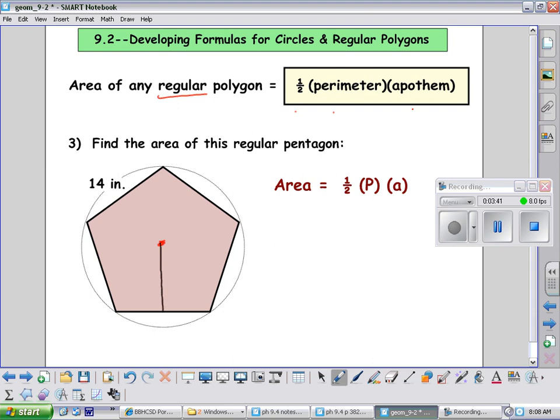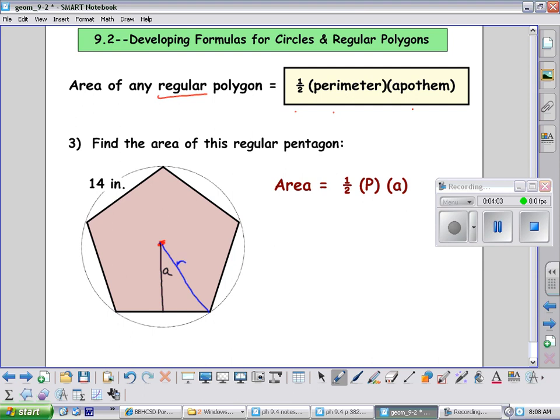So we have two lines that we're interested in here. The apothem, we'll put a little a for apothem, and we also typically have the radius, if you think of this circle here. If I'm going to the edge of the circle, it's r.